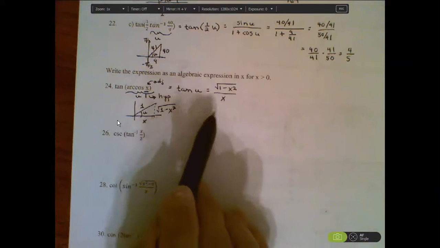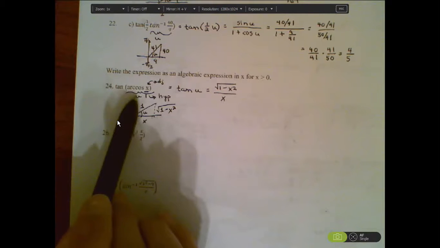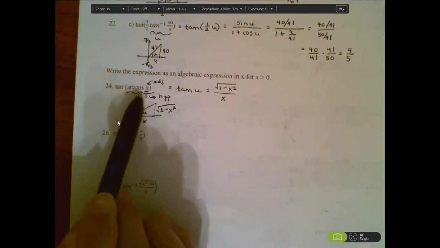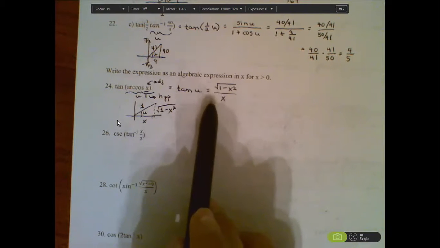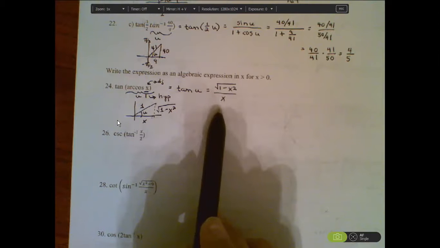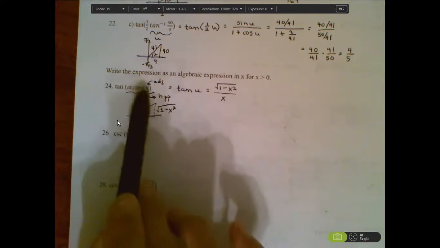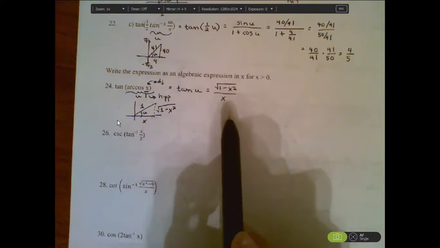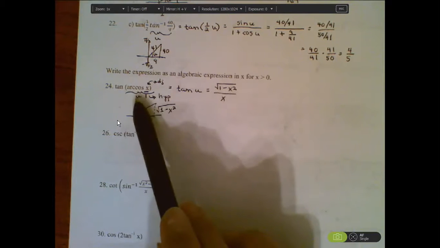That's one of the coolest things I've ever seen. This pretty gnarly trigonometric expression that involved both tangent and arc cosine can be written as this algebraic expression, square root of 1 minus x squared over x. And in calculus, it could be very helpful to write this trig expression as this algebra expression, because whatever find the derivative means, I'm pretty sure I'd rather find the derivative of algebra than trig.